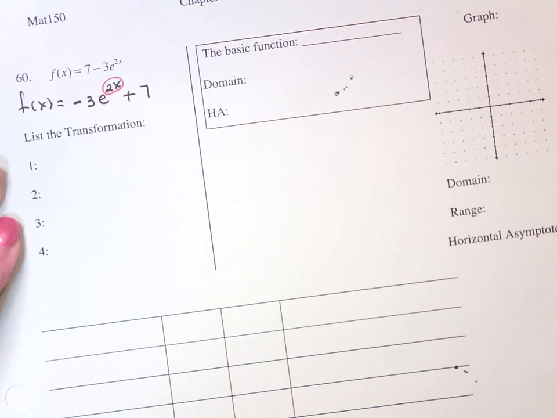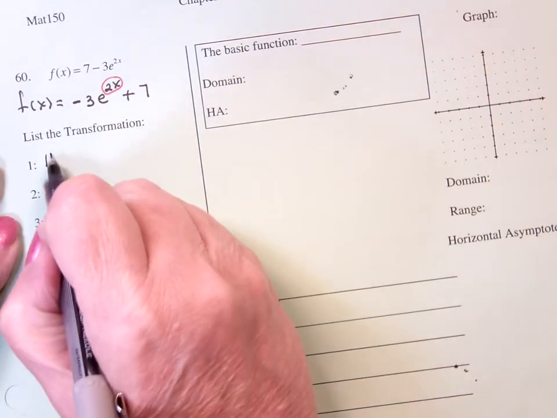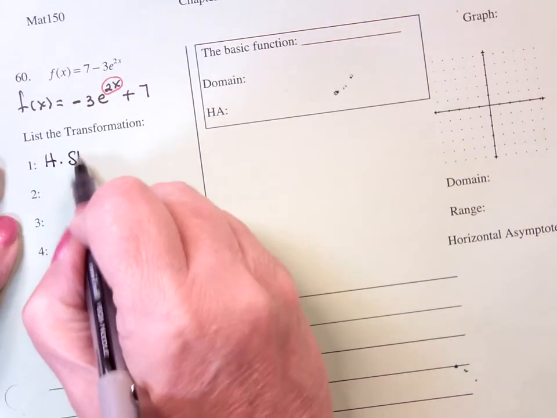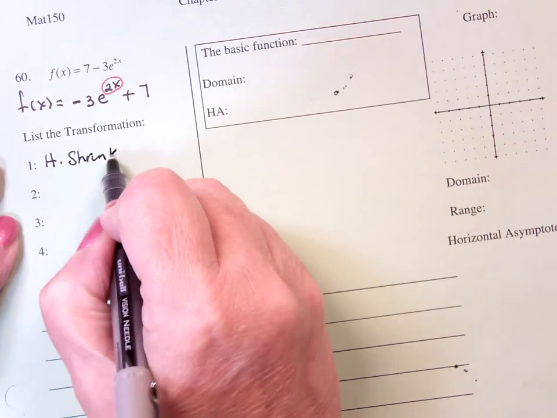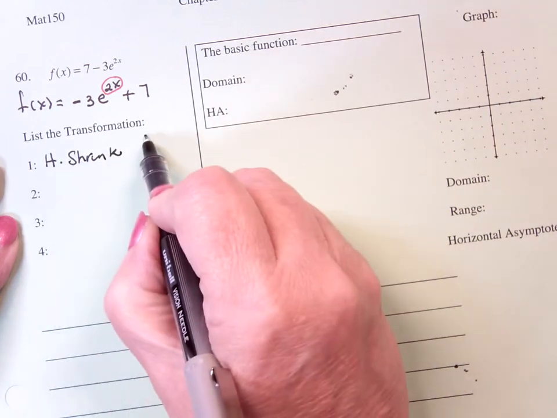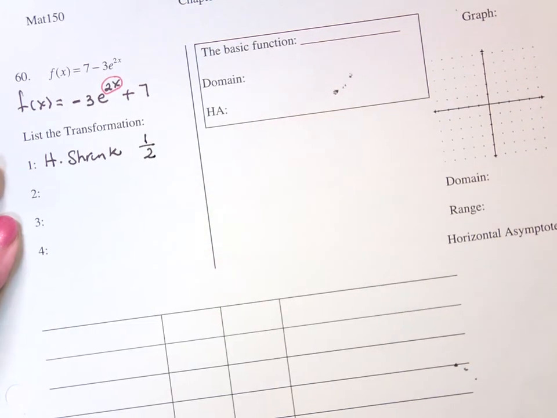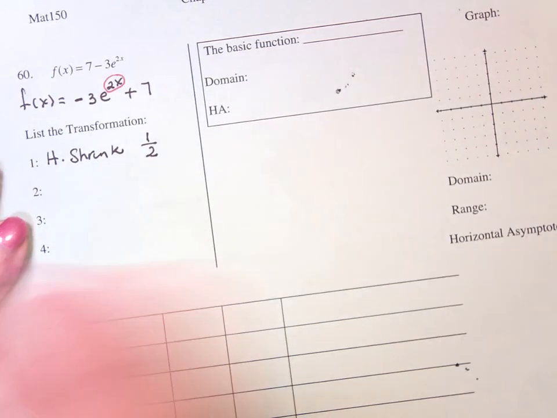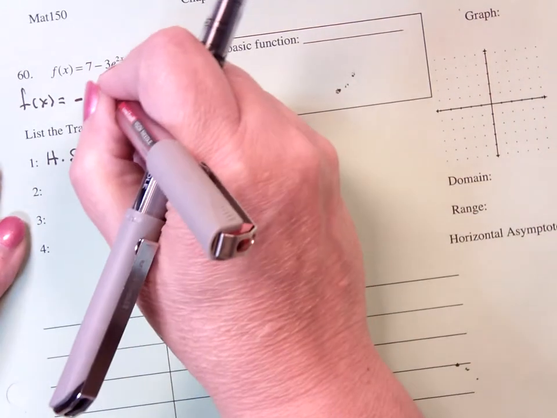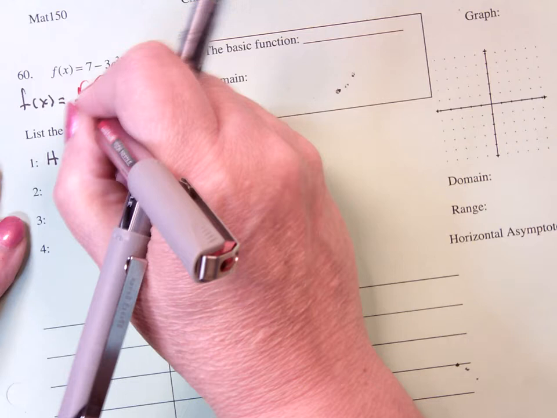It's not a stretch, it's a horizontal shrink. Because it's horizontal, it's going to be a factor of 1/2. Remember, it's 1 over, always the reverse of what you think it is when it's inside where the x's live. And then I come out here, and I've got 2 things going on.